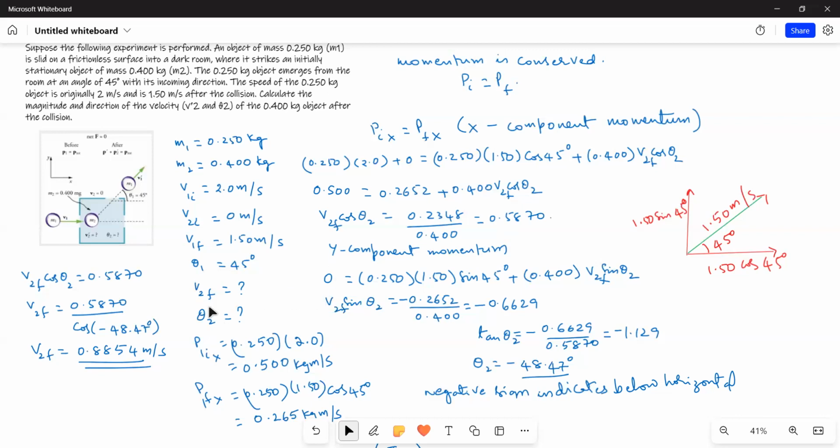So here I simply made a calculation equating the momentum. Momentum before collision is equal to momentum after collision, based on the law of conservation of momentum. That's it. Hope this helps.